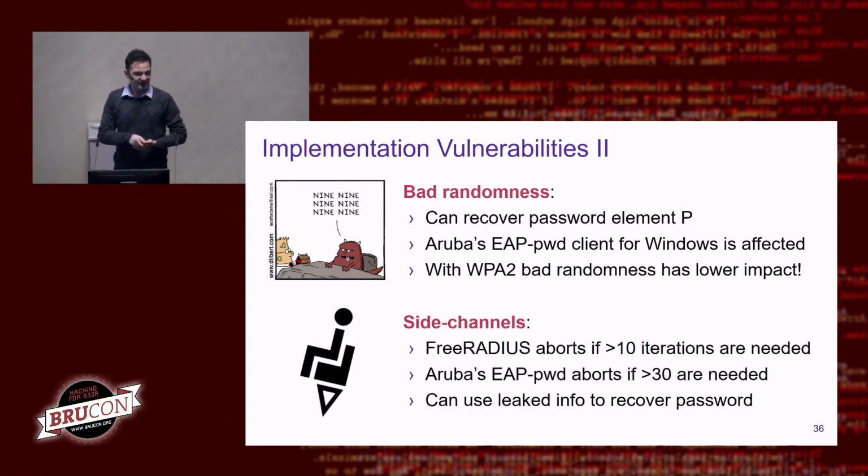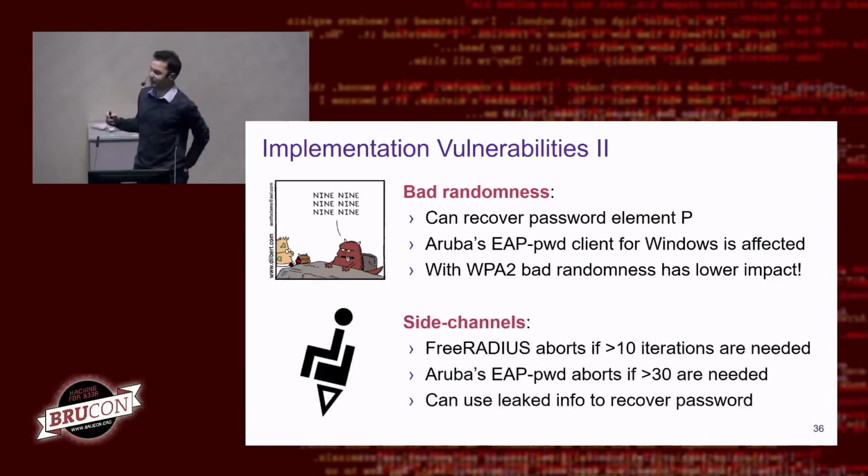And on the connection that failed, I then know that FreeRADIUS needed more than 10 iterations. And this information again forms a signature of the password, and we can use that signature to brute force the password. So the lesson here is that aborting this algorithm if you need more than a certain amount of iterations, that's bad. You should not do that, because then you again leak information.